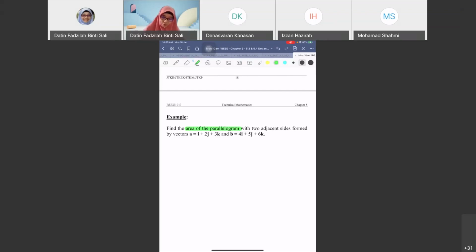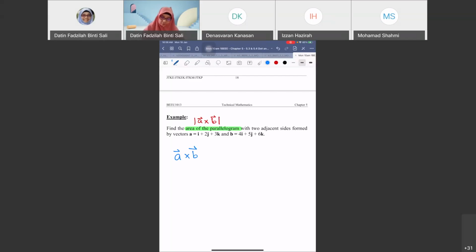So the area of a parallelogram will be the magnitude of vector A cross vector B. In this case, you still need to find the cross product first. You have to find what A cross B is.